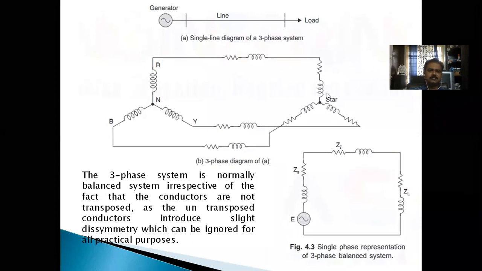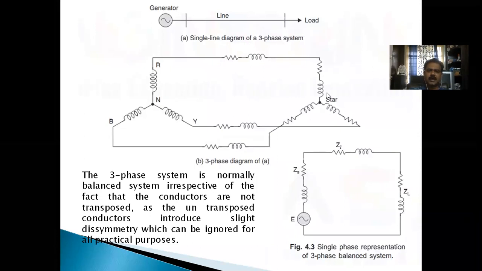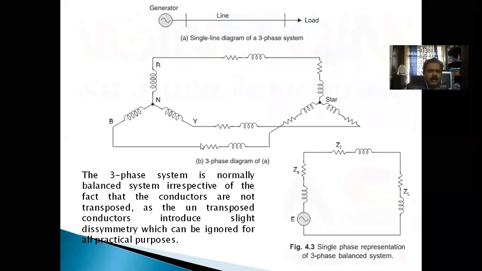We can consider all the three transmission lines as a single transmission line, the total load as a single load, and the total generation as a single generator. If we represent it in this fashion, that becomes a single line diagram. The single line diagram is very important in power system analysis, we use the same type of representation. This we have to remember.